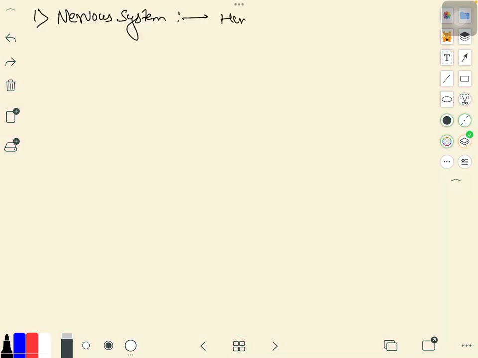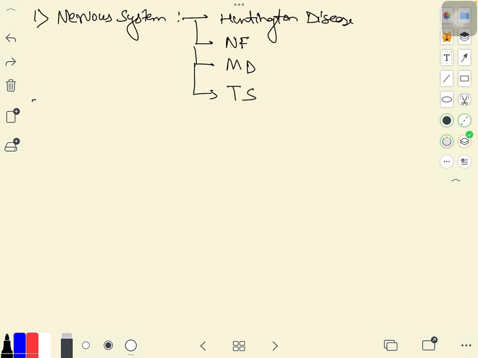First is Huntington's disease. Second will be neurofibromatosis. Third is MD, which is myotonic dystrophy. Then fourth is tuberous sclerosis.